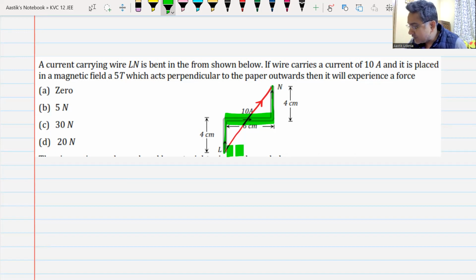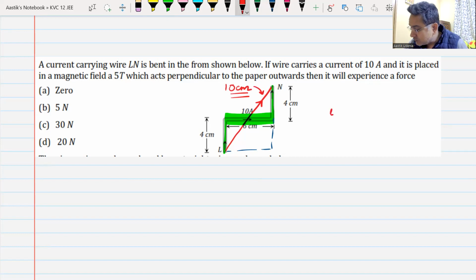The length of this straight wire, as you all can see, is just the hypotenuse of a triangle whose one side is 8 centimeters and the other side is 6 centimeters. So the length of this side will be the square root of 6 squared plus 8 squared. That will be 10 centimeters.